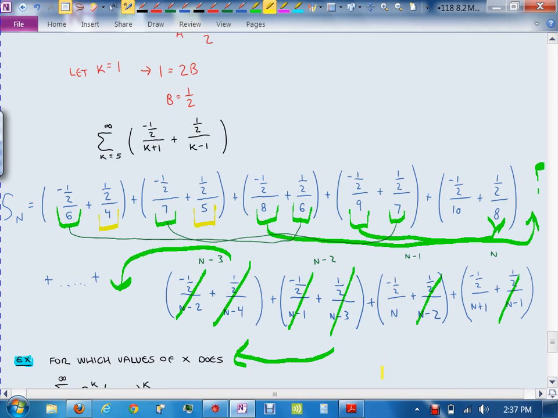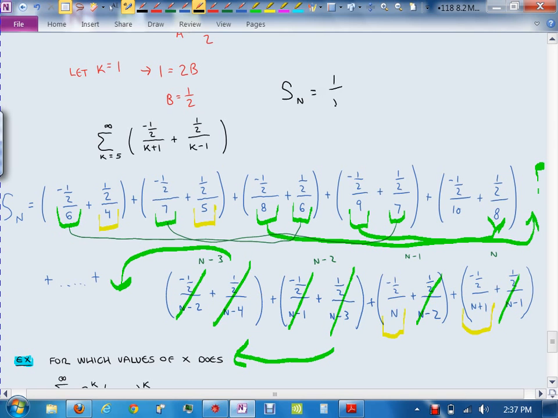So the only thing left in this are the things highlighted in yellow. Right? So S sub n equals, what's 1/2 divided by 4? 1/8? And then 1/10?